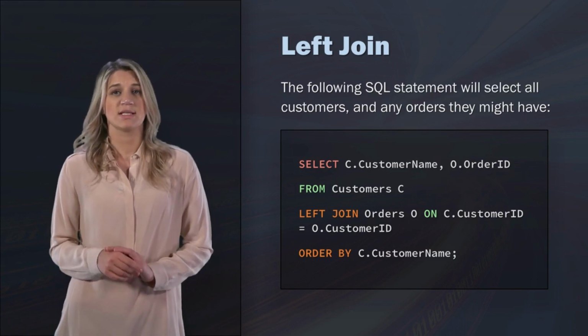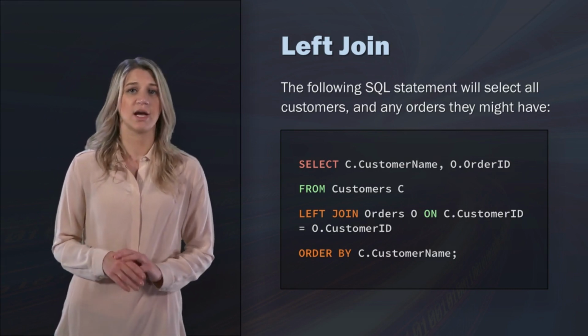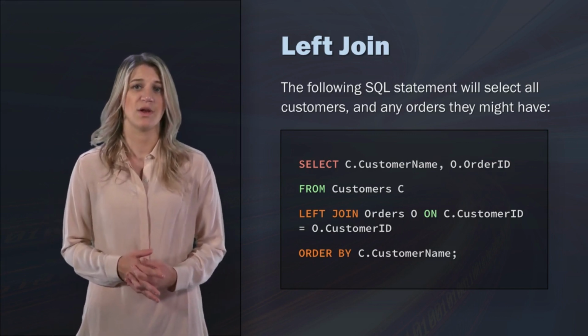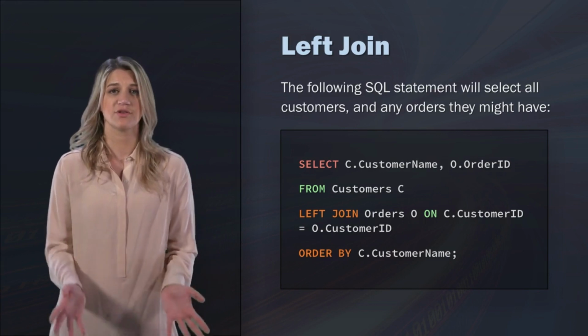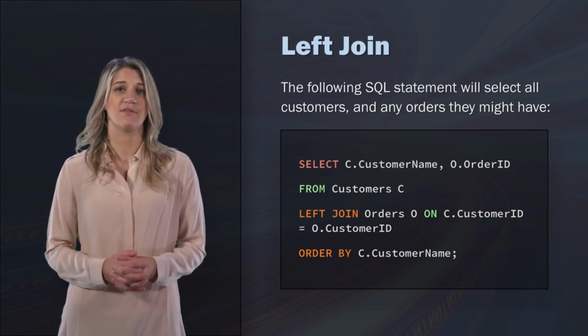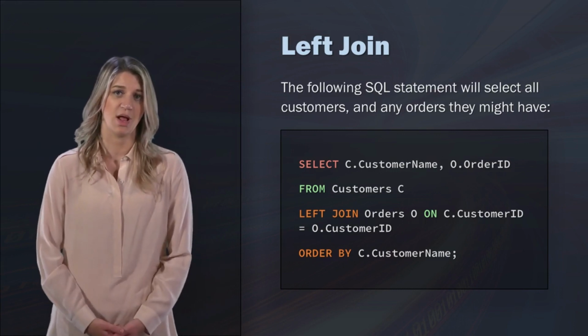The first one is, let's say, again, we're talking about customers who have an order. So in this one, we want to get a list of all those customers, whether or not they had an order. And if they did have an order, we want that information as well.